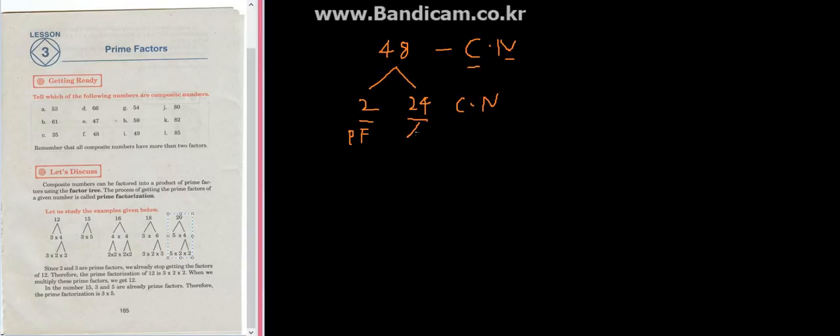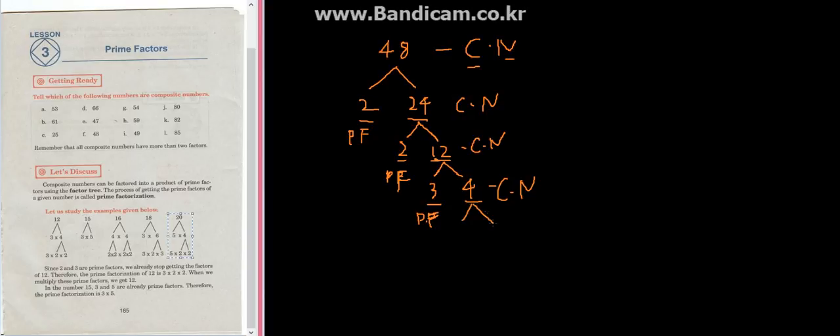First you divide it by 2 again, as this is an even number, and the number comes out as 12. 12 is still a composite number, so you divide with a prime factor again, this time 3. 3 is a prime factor, PF, and the quotient of dividing 12 by 3 is 4. And 4 looks like a prime factor, but it's a composite number.